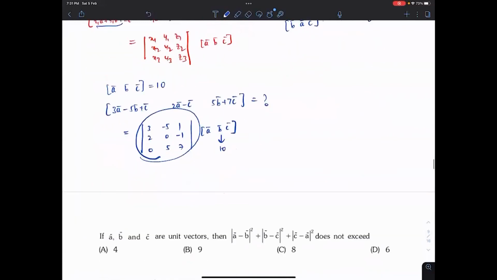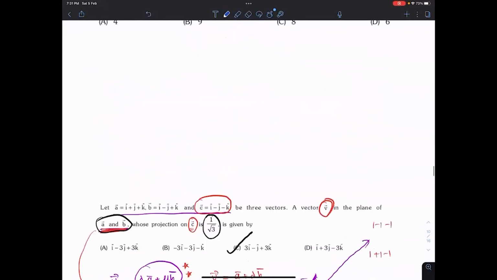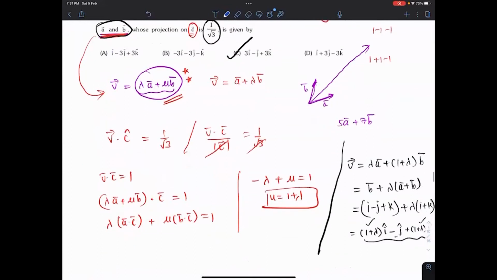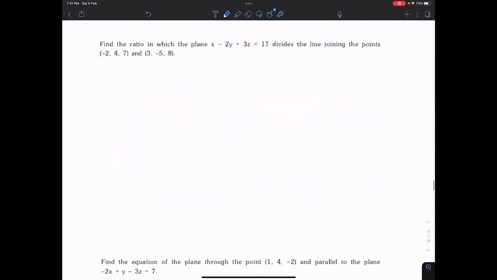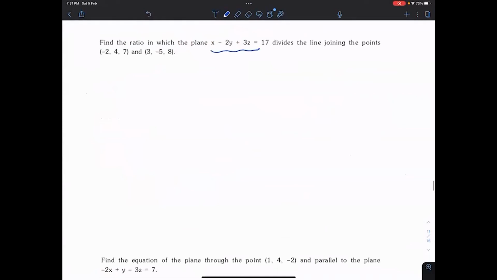Let's proceed. Next, coming to the plane. Already, I hope you are familiar with this one. Previously we have seen, for example, if some point is given, let's say 1, minus 1, 2, and if a line is given.